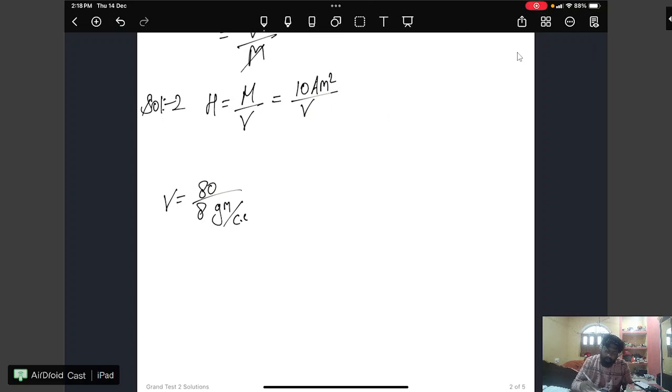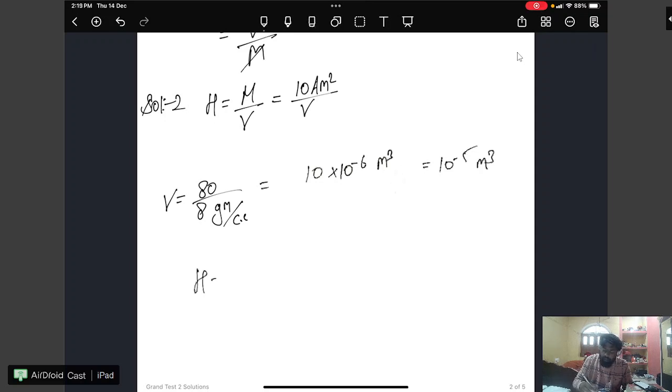So volume is 80 upon 8, that is 10, times 10 to the power minus 2 whole cubed, that is 10 to the power minus 6 meter cube per gram. So volume is 10 to the power minus 5 meter cube, gram to gram cancelling, as mass is already in grams.